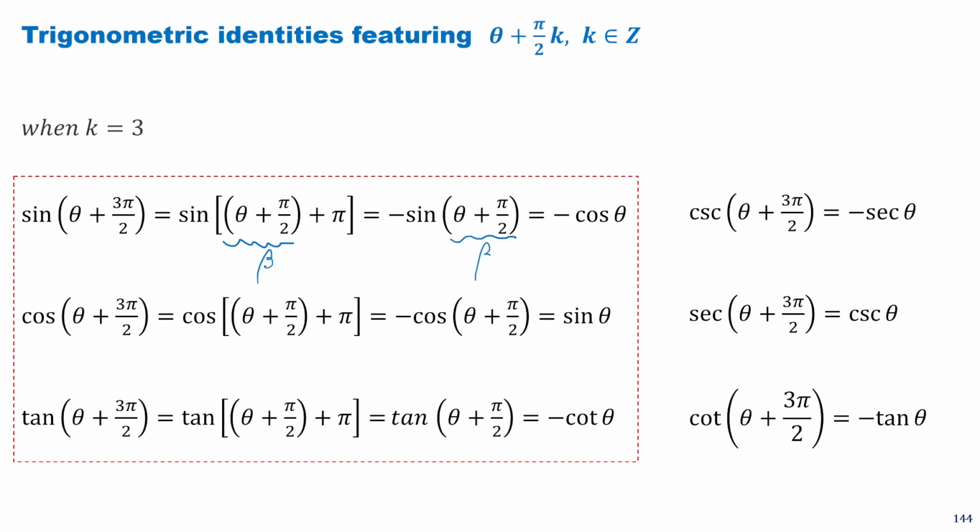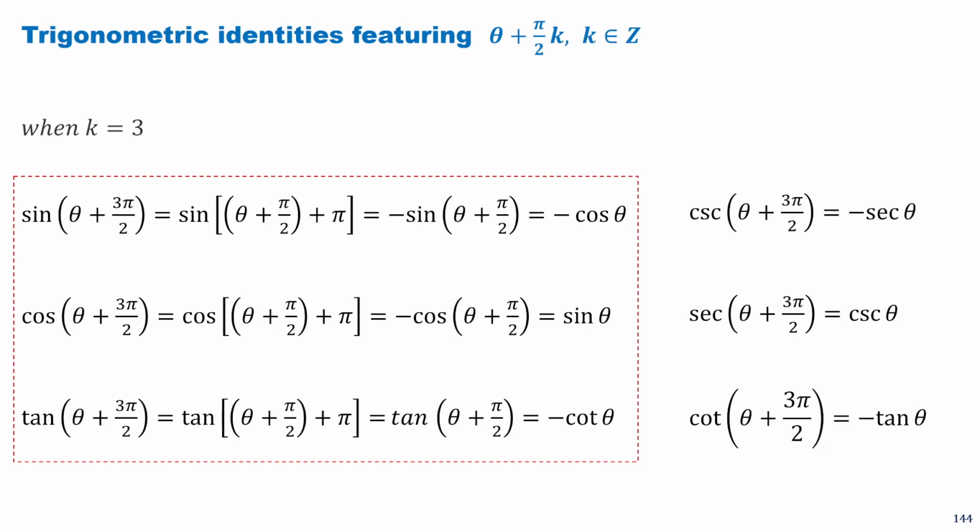So this is your beta, right? And then evaluate sine theta plus half pi. We know sine theta plus half pi is cosine theta. So that's why eventually you will have sine theta plus 3 pi over 2 equals negative cosine theta. You see that? So using the result from k equals 1 and k equals 2, you can easily evaluate cases where k equals 3.